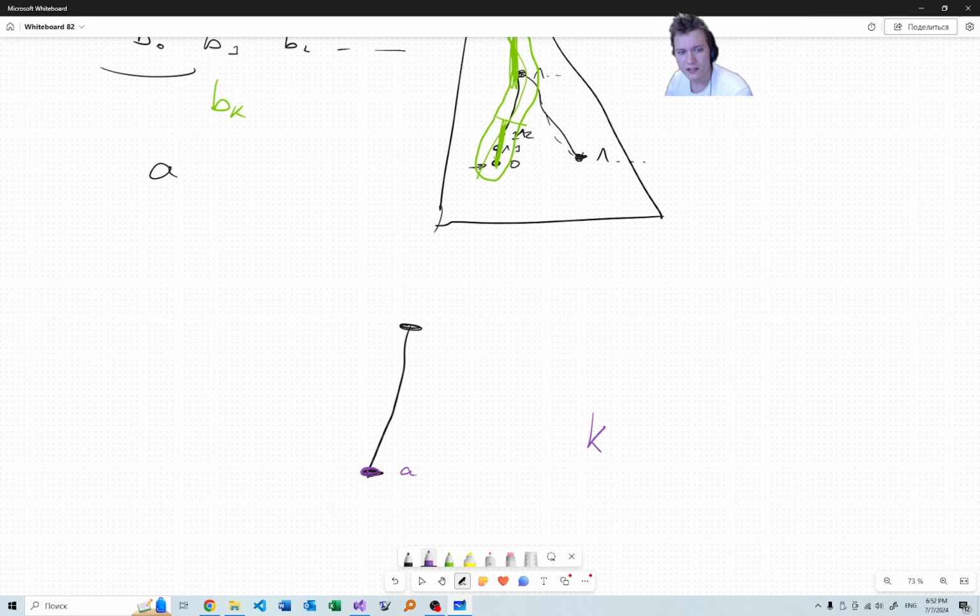Here I write a, here I write a plus 1, a plus 2, etc., a plus t. Then I end it with the kth bit. And I want to find out how the sum changes if I XOR with these numbers. So this is the question.